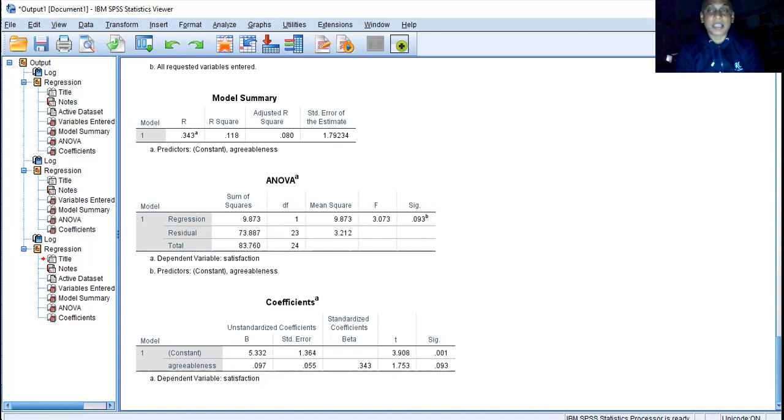Now coming to the last part, that is how to write the answer. The answer is: a simple linear regression was conducted for the predictor variable being agreeableness and the criterion variable being the satisfaction of employee by the supervisor.